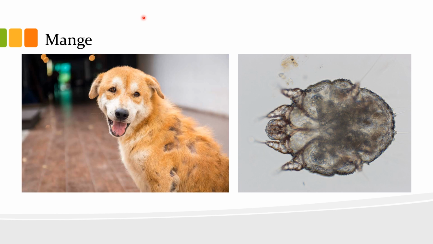Mange is a general term for cutaneous acariasis and is a result of infestation with one of several genera of parasitic mites, including Chorioptes, Demodex, Psorergates, Psoroptes, Sarcoptes, and others. All of the mites that cause mange are spread by direct contact.